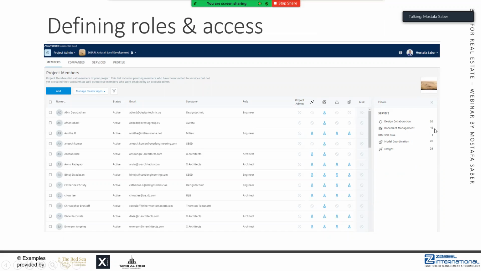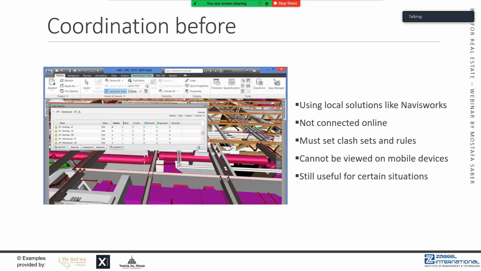That is one of the best ways we're using to reduce the amount of time lost through meetings that could not be very meaningful without the use of this technology. The coordination that we're doing using BIM technology used to be in programs like Navisworks before.